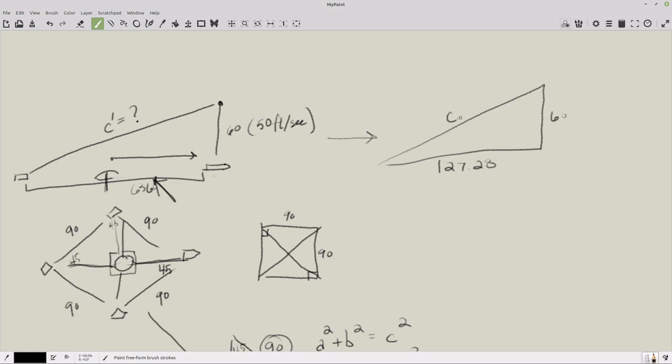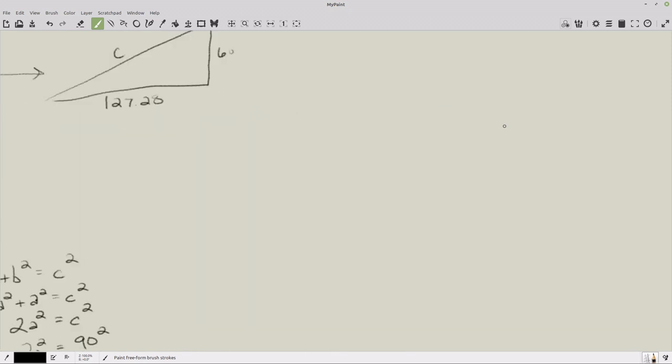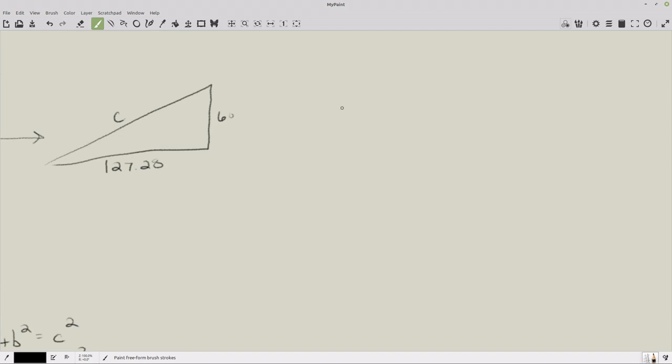Let's go ahead and try to solve for C, because what I want to find is a formula that solves for C, of which I can find the derivative. I'm trying to find the change in C. So let's move over. There's our new triangle. I know that a squared, just as before, plus b squared equals c squared.